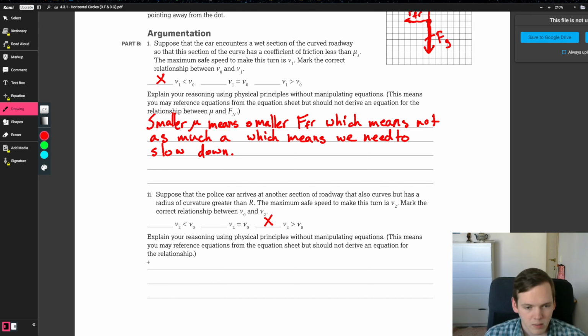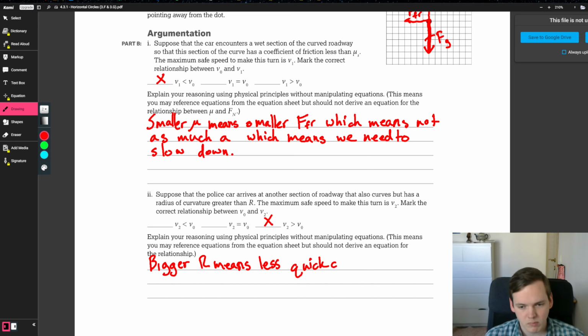So bigger r means less quick change of the velocity.